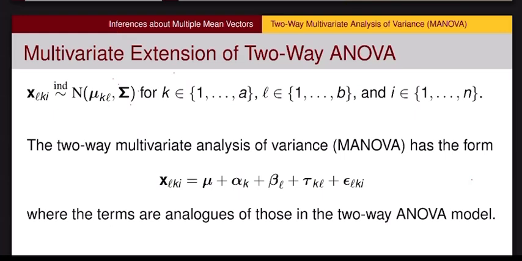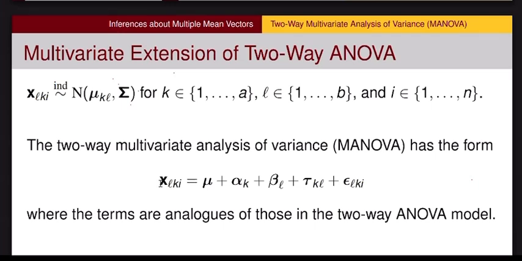We have more than one response variable, and that will make it multivariate. We're going to call that two-way multivariate analysis of variance. Why is it two-way? Because we have two categorical factors. Why is it multivariate? Because the response variable is more than one. The plant height, the root weight, and the number of leaves. Maybe our focus is on plant growth.